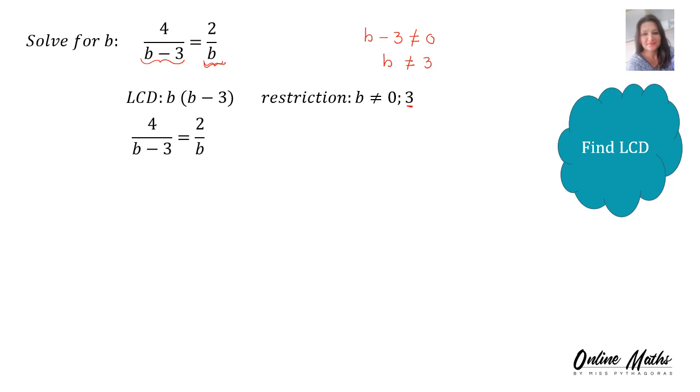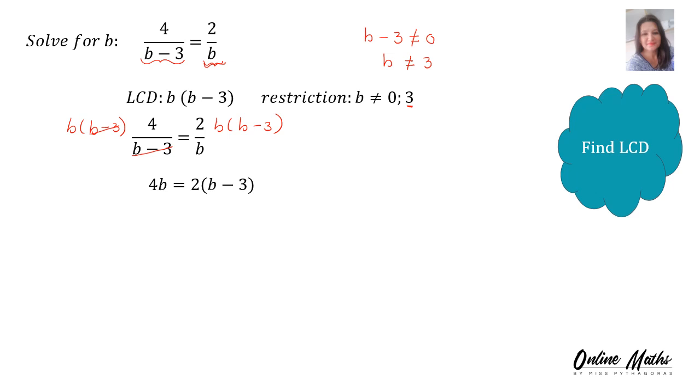So into my sum, 4 over b minus 3 is equal to 2 over b. So now I multiply every term by the LCD. So it's b bracket b minus 3 and b bracket b minus 3. Therefore, b minus 3 and b minus 3 can cancel.